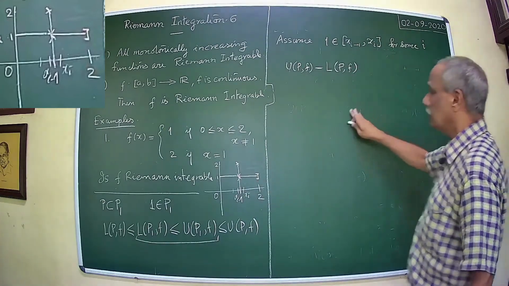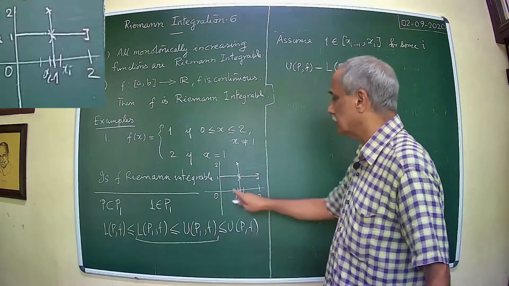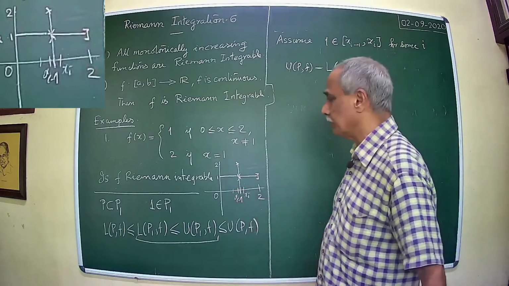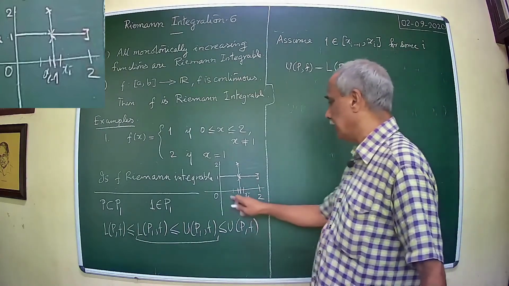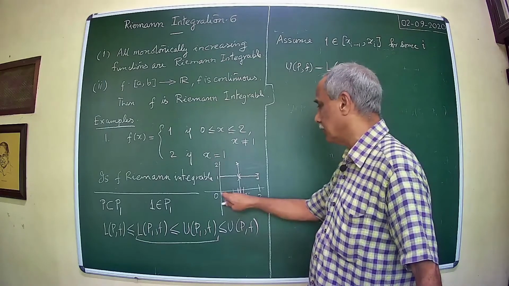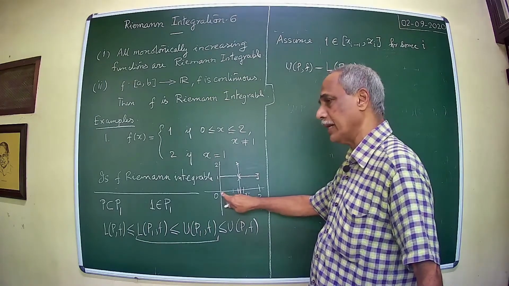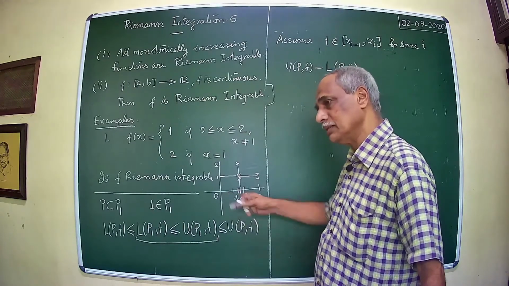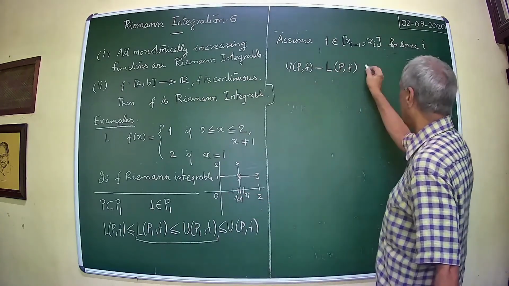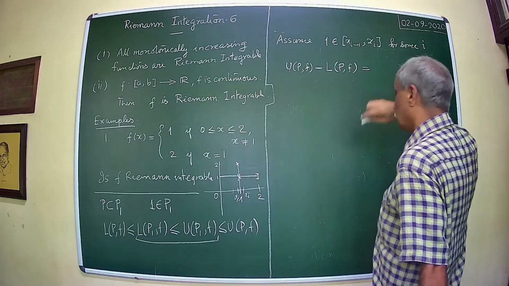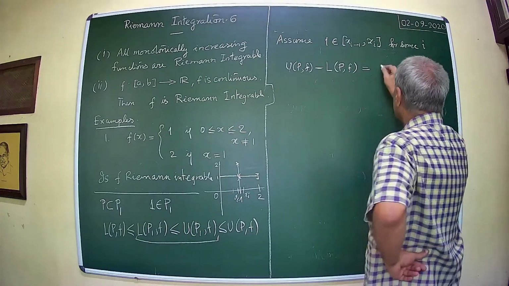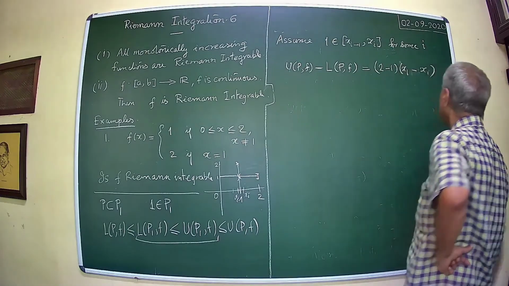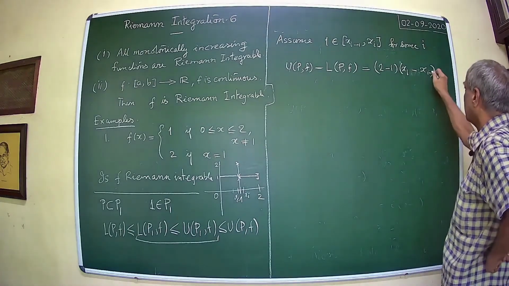At all other places, the function is a constant function, therefore the difference capital M_i minus small m_i is 0. So this sum reduces to simply (2 minus 1) into (x_i minus x_{i-1}).